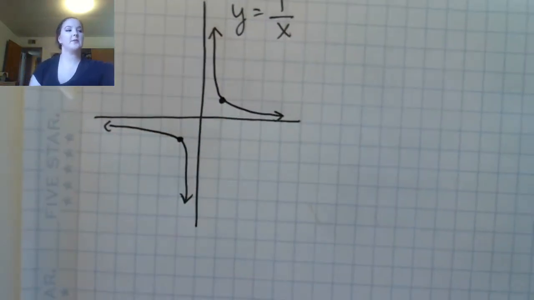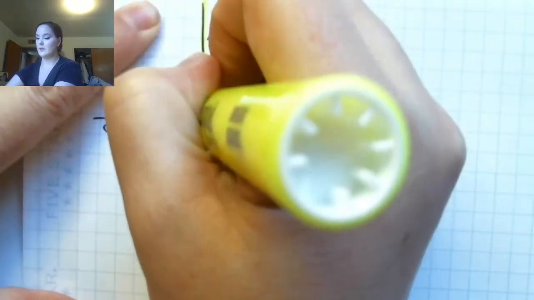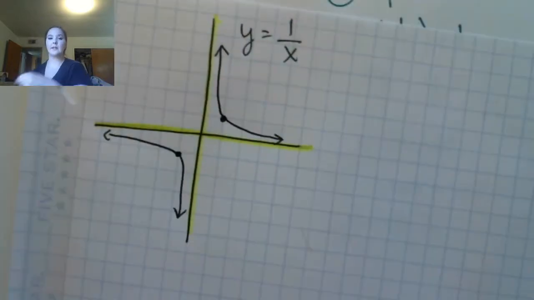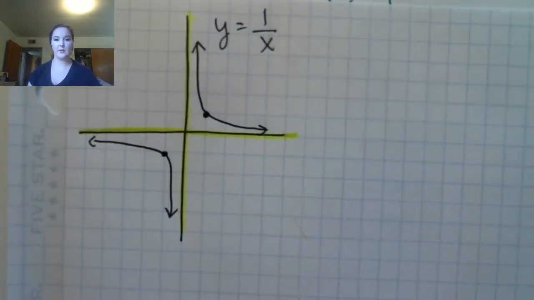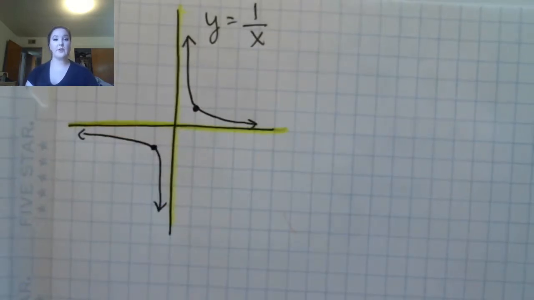And remember, this graph has those key features, which are the vertical and horizontal lines that give you the shape of the graph. The lines themselves are not visible in the graph, right? The only part you can see is this, but they are an important feature to draw so that you know the shape of the graph.